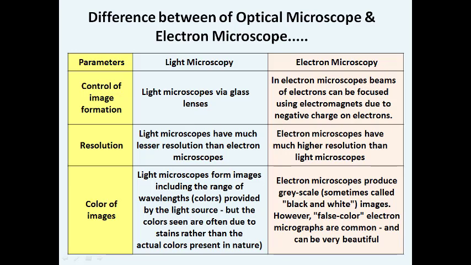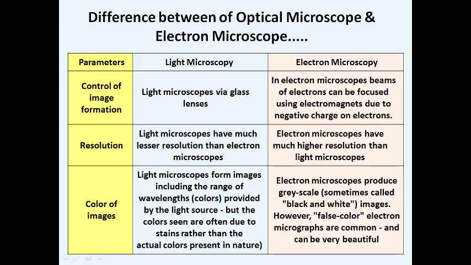Now, looking at the advantages of light microscopy and the color of images, a light microscope forms images including the range of wavelengths provided by the light source, but it was seen that it often produces stains rather than the actual colors of the object.